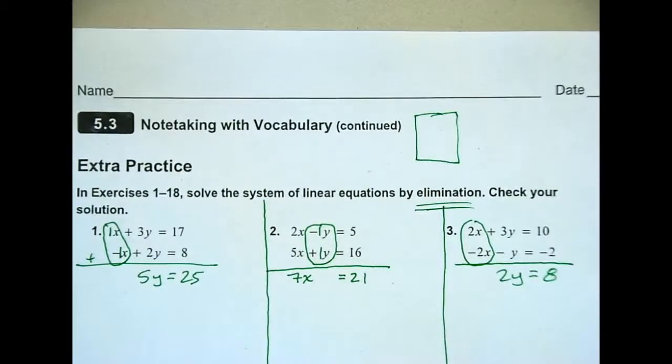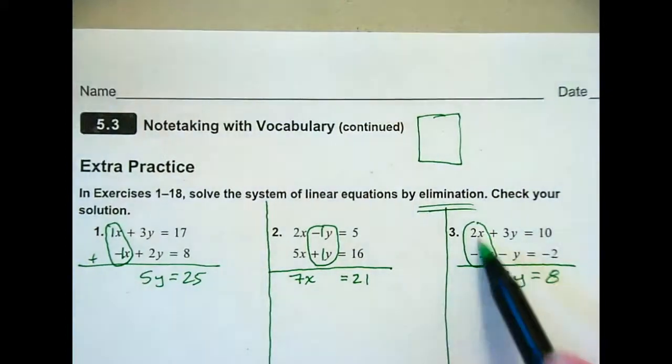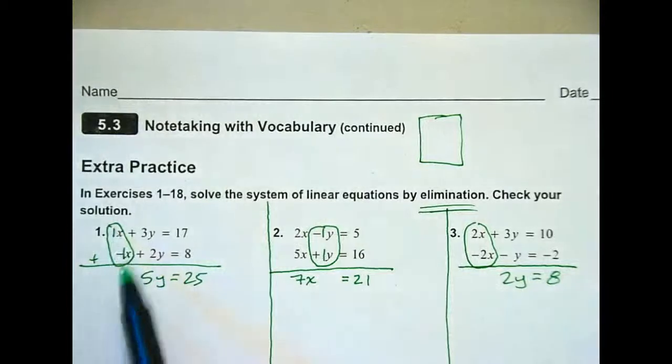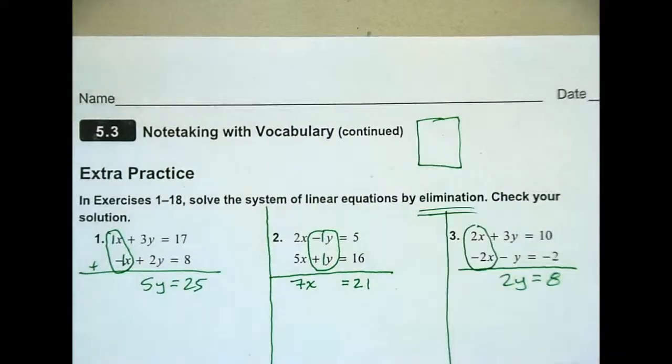Like here we use positive 2x, negative 2x. Here we use positive 1y, negative 1y. Here we use positive 1x, negative 1x. I want you to come up with 2 things that you can add together, the variables, that will eliminate. That will make a 0 when you add them.